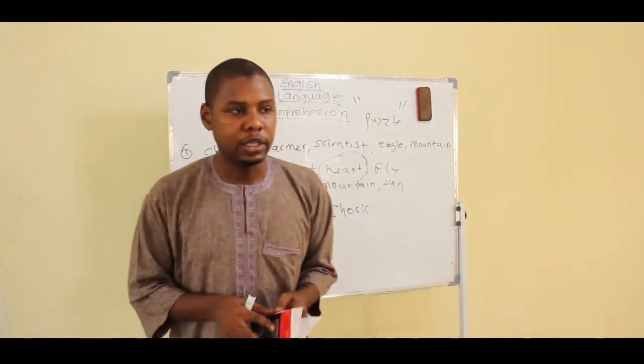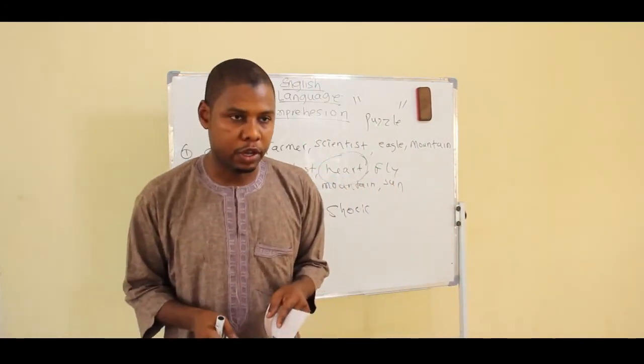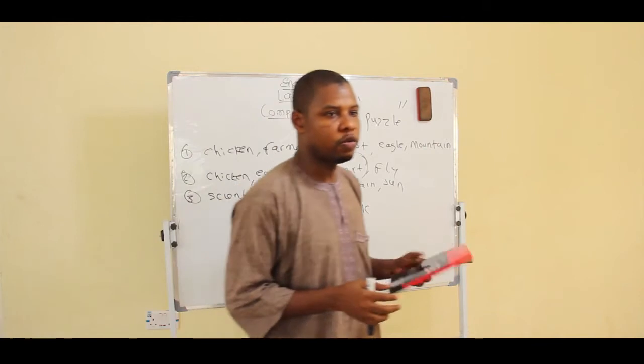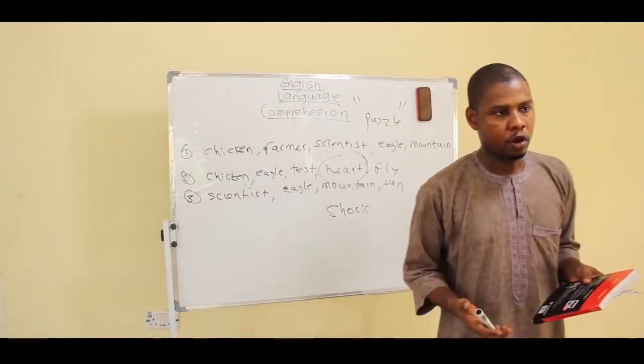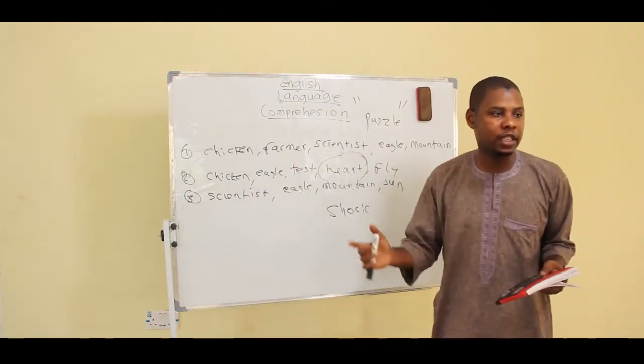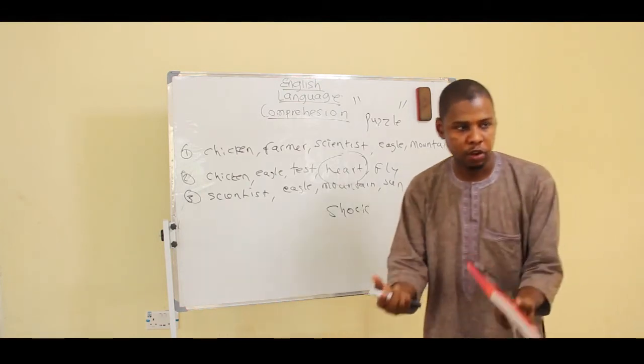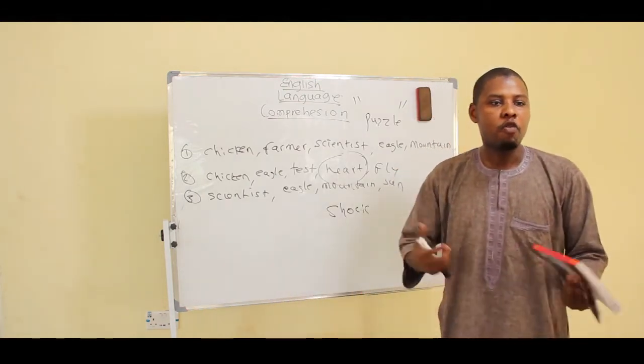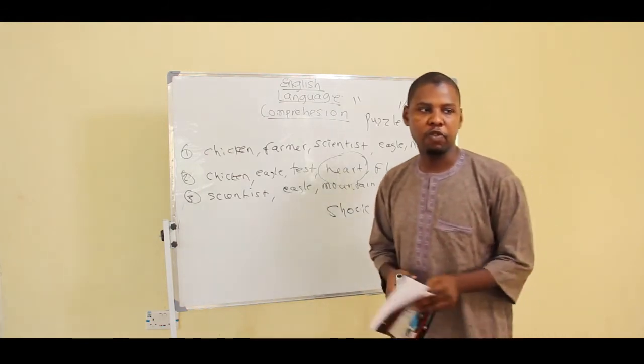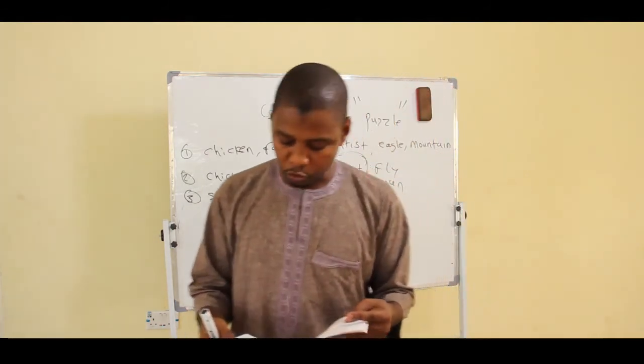And the last one is victorious. Victorious is from the word victory, or from the earlier word victor. Victor is the person who wins. Victory is to win something. Now, we are looking for a synonym for victorious.